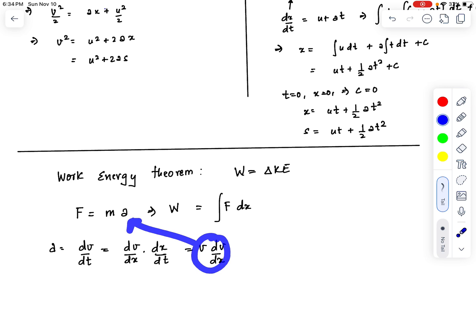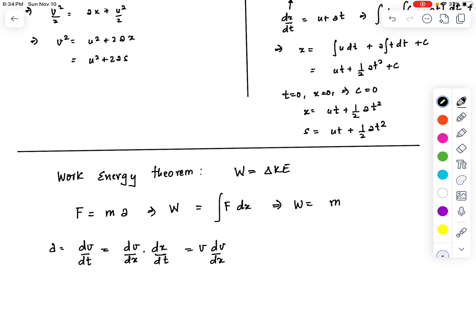So the work done equals m times a, which is v dv over dx, times dx. Okay, so we can effectively cancel out the dx's here.